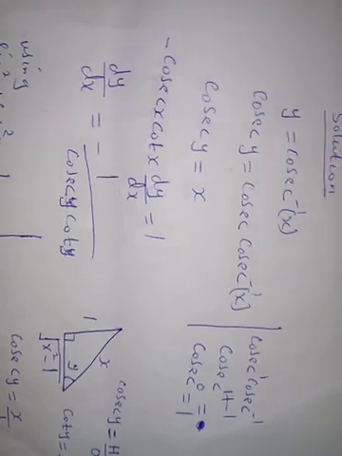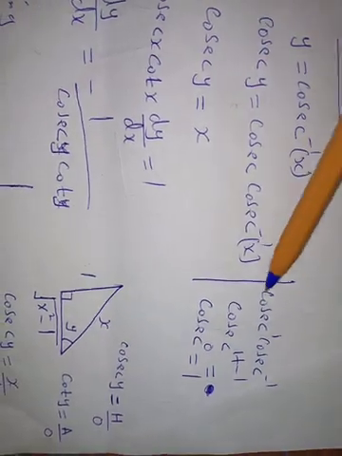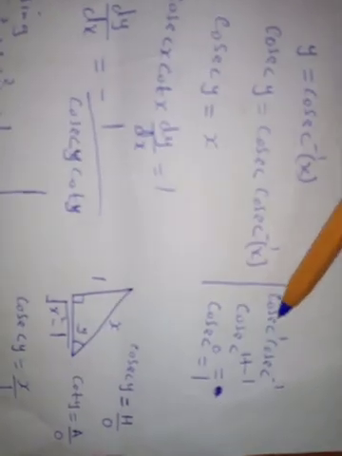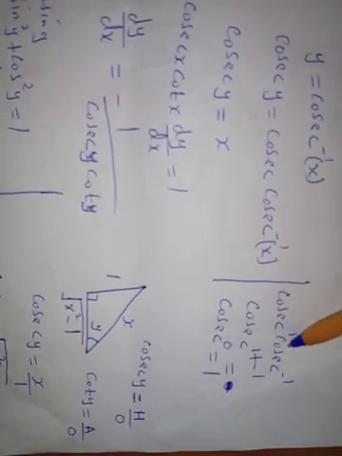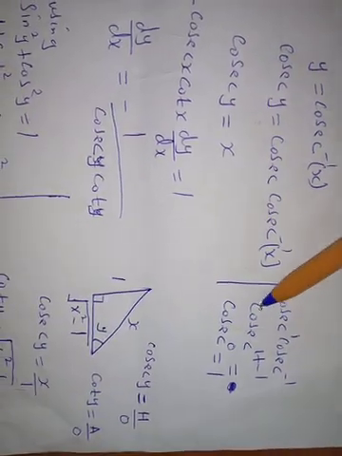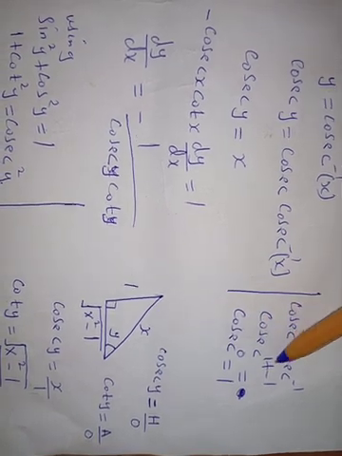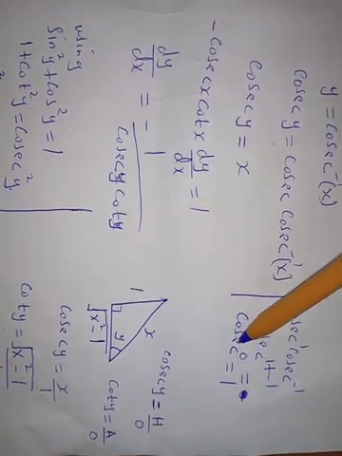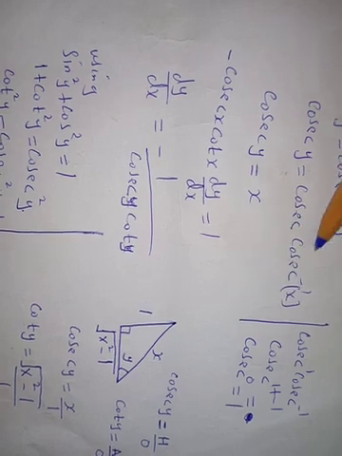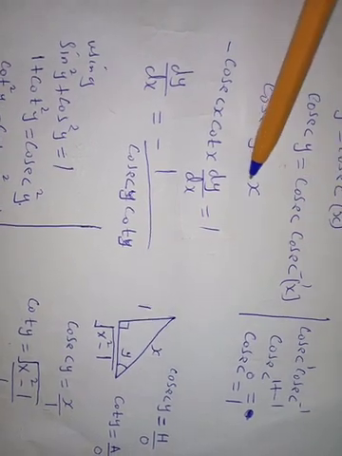When you multiply two functions, we add the indices. So 1 plus negative 1 becomes power 0, and cosec power 0 is 1.